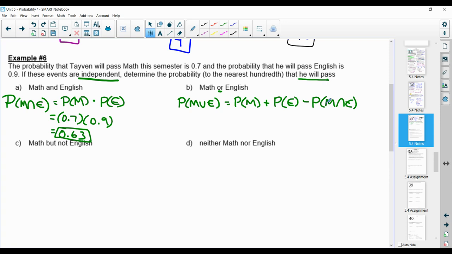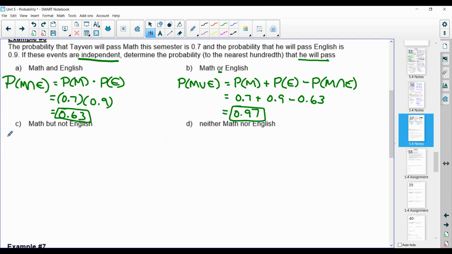But these are not mutually exclusive events. It is possible for Taven to pass both courses. So the probability of math is 0.7 plus the probability of passing English is 0.9 minus the probability of passing both, which we just did in the last question, is 0.63. So there is a 0.97 chance that Taven will pass both courses. So a 97% chance of passing both.